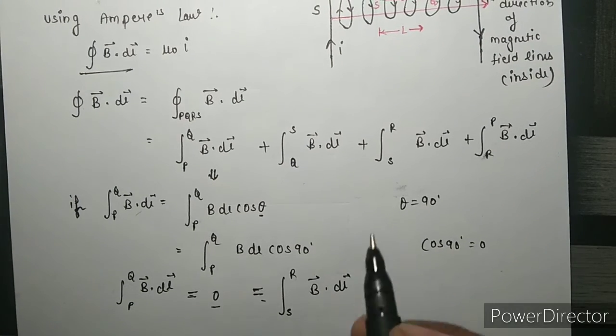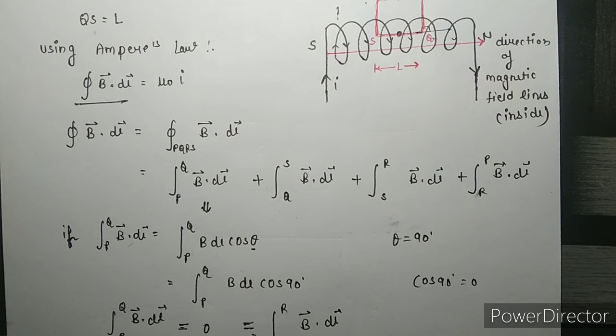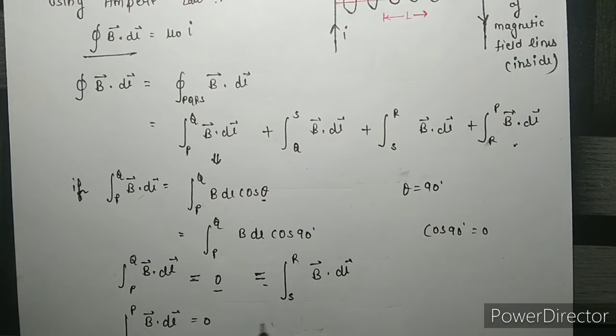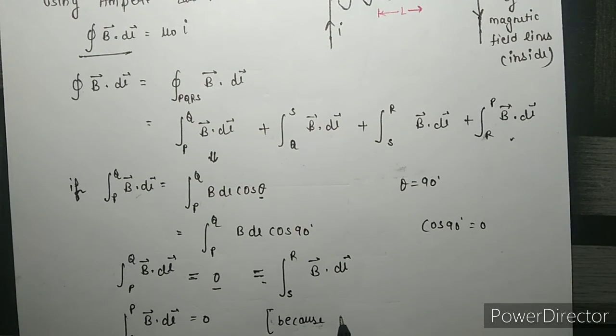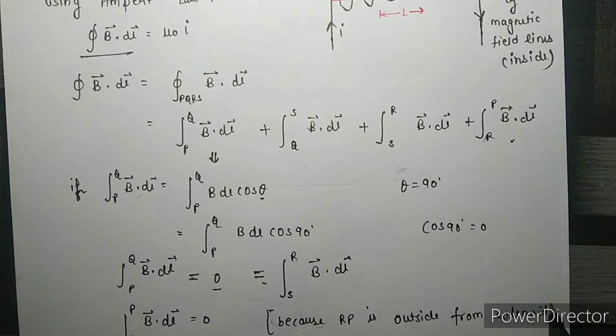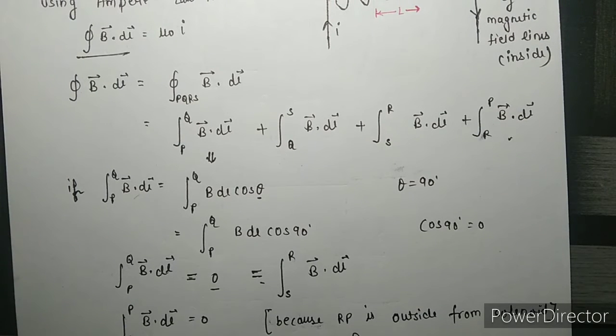And for R to P, B dot dl is also 0, because RP is outside the solenoid, and we know that outside the solenoid the magnetic field is 0.